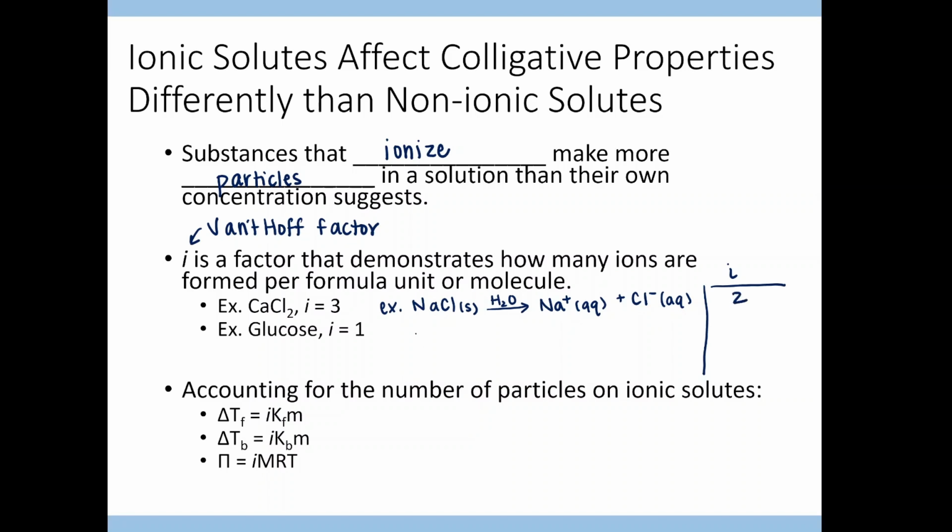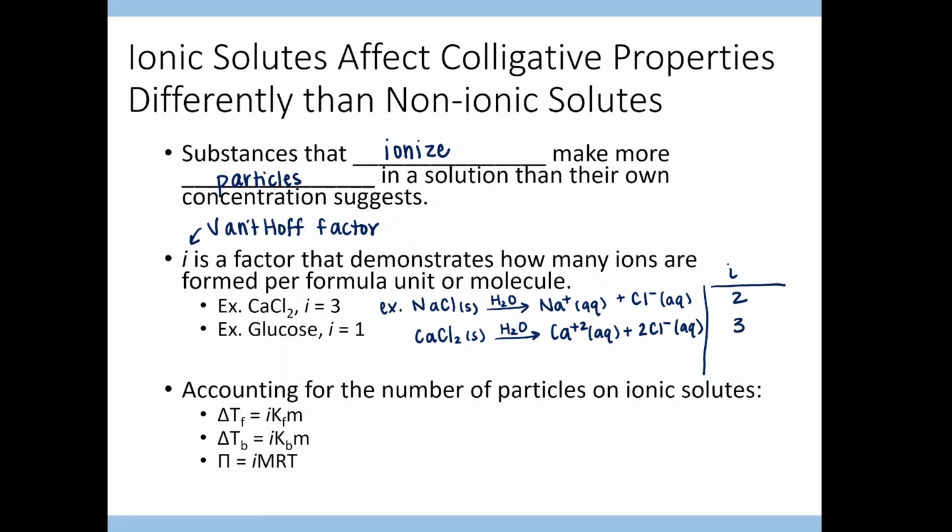Let's do another example. Let's do calcium chloride. Solid, ionic solid, dissolved in water, becomes calcium with a plus 2 charge, aqueous, and 2 Cl minus. Its Van't Hoff factor is 3.